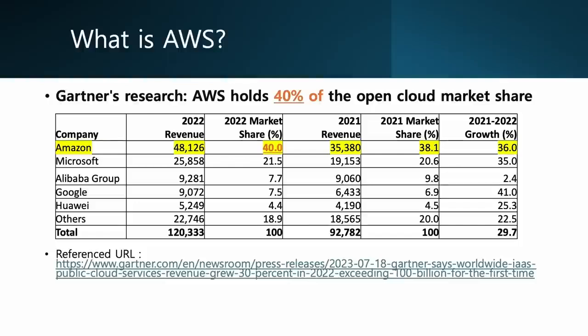The growth rate is also overwhelmingly high, and the sales volume of the entire cloud market is also increasing tremendously. Most companies are accelerating their transition to the cloud. Moving to the cloud can enable agile development and dramatically increase productivity. We also need to quickly get AWS certified and join this rapidly accelerating cloud market.